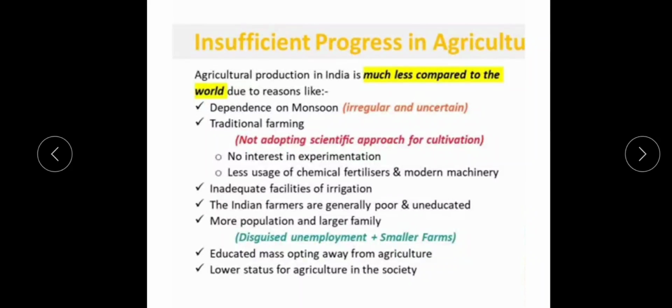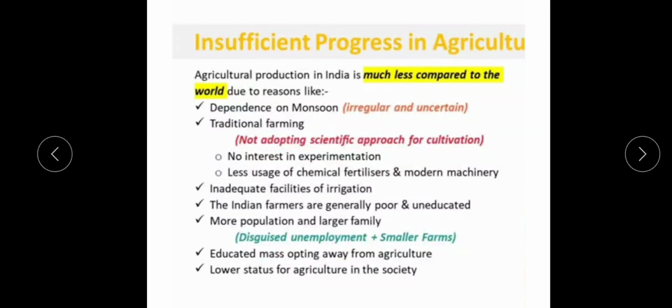Educated masses are opting away from agriculture. People are getting educated, but they don't move on to agriculture. Why? Because of the lower status of agriculture in society. The people who are well educated leave agriculture because the agriculture sector has a lower status in society.